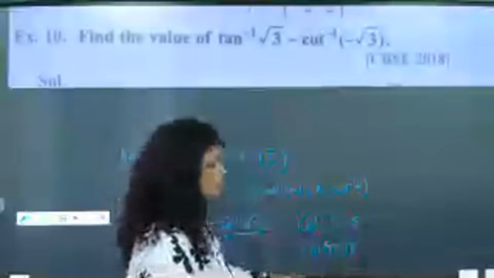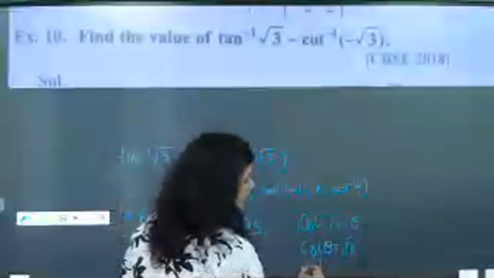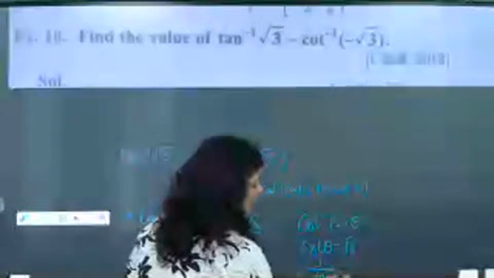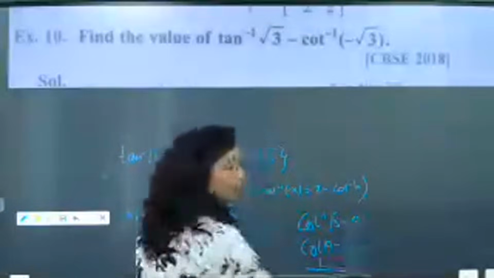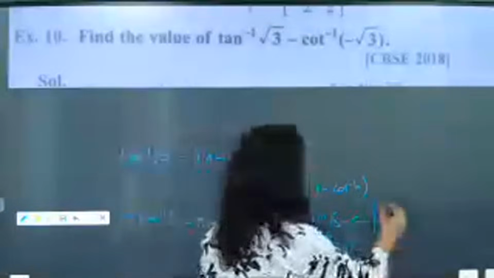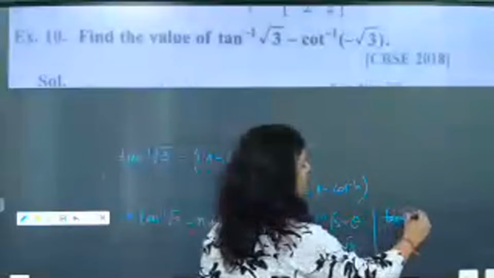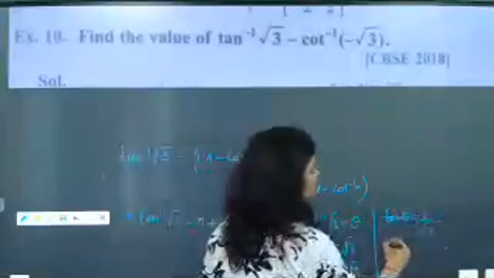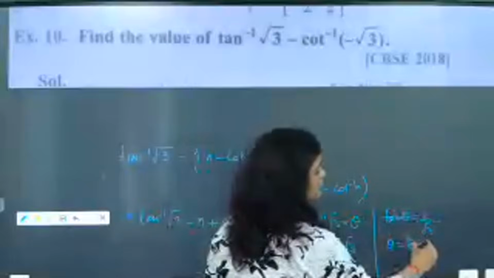Now convert it into tan: 1 by tan theta equal to root 3. So theta equal to tan inverse 1 by root 3. So theta equal to cot inverse root 3, and theta equal to tan inverse 1 by root 3.